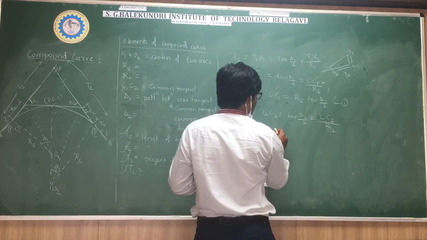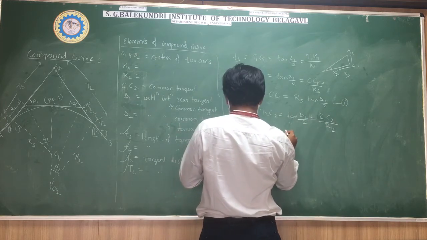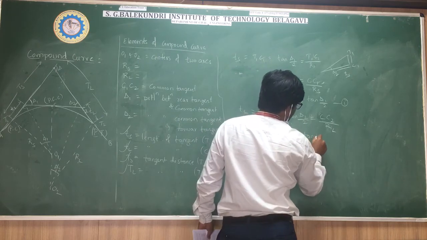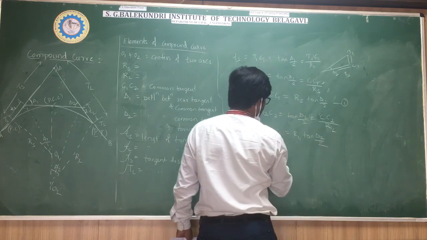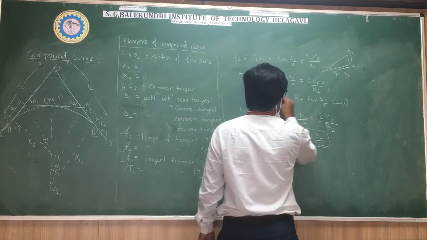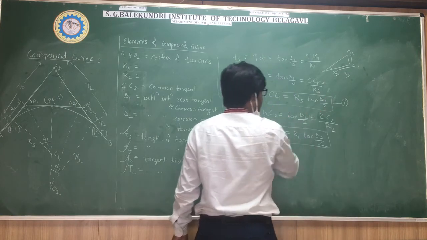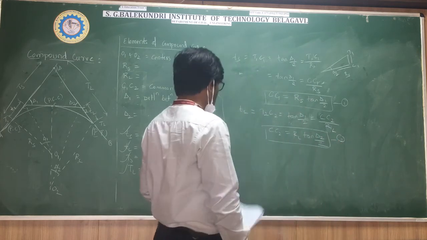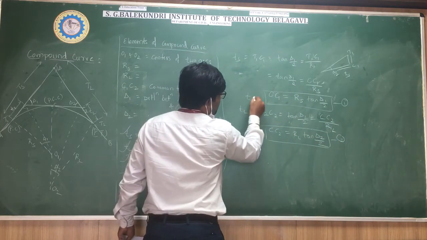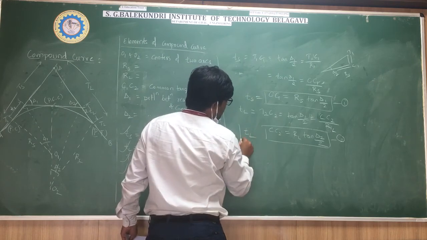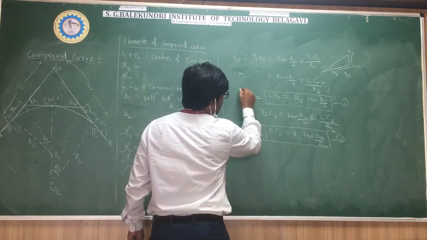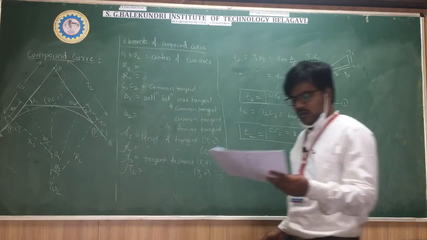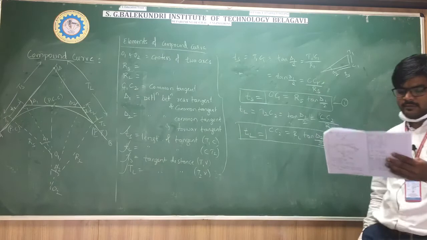Yes, this can be written in terms of CC2, which is equal to RL tan delta 2 by 2. These are the two expressions to calculate TS and TL.